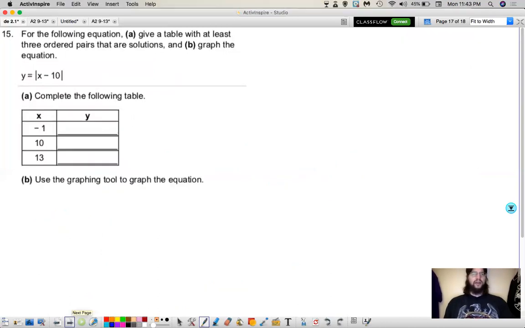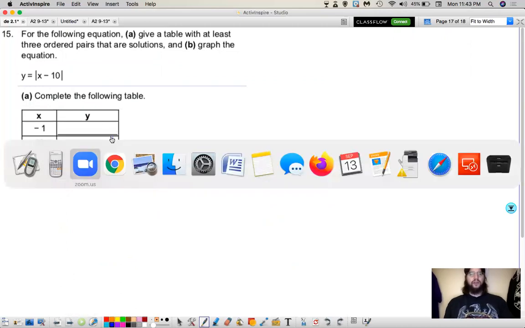Okay, we got an absolute value equation. Oh, this is asking us to graph, so let's go ahead and do it on MATLAB.